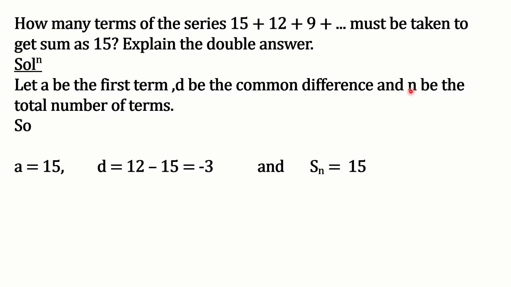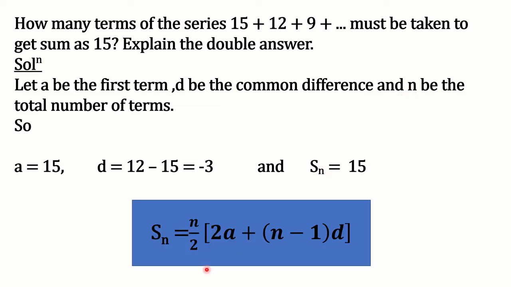Now, before we continue, we must know our formula. We know Sn, the sum of first n terms of an AP, is given by n by 2 in bracket 2a plus n minus 1 d.